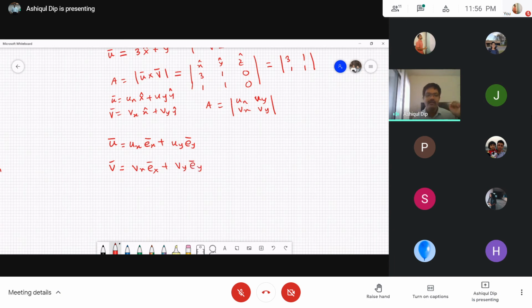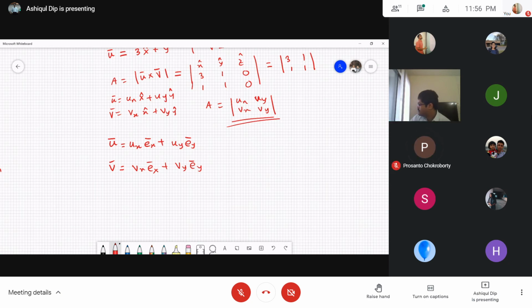These two vectors I have in some arbitrary coordinate system. To find the area, I need a procedure that can construct the determinant of this matrix, right?